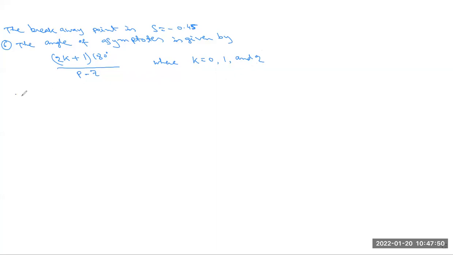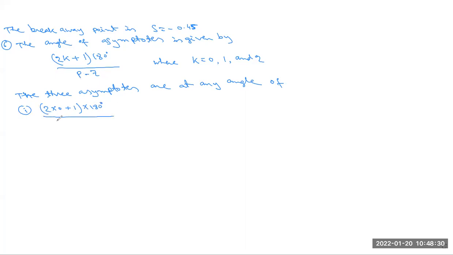So the three asymptotes are at angles of, number 1, when k equals 0 in this equation: 2 into 0 plus 1 into 180 degrees divided by the number of poles, which is 3, minus the number of zeros, which is 0.